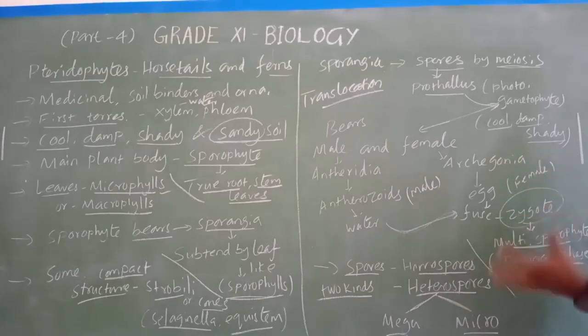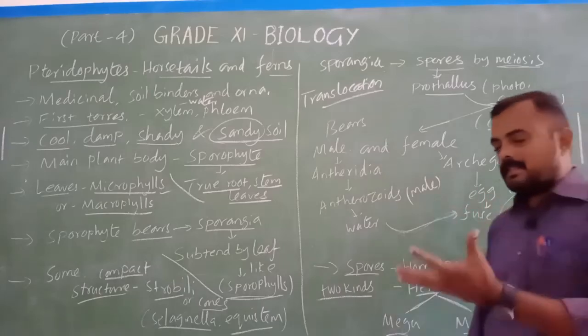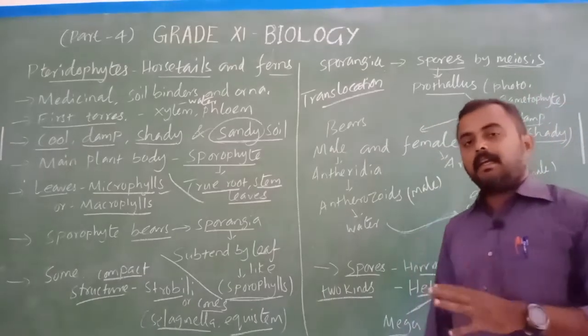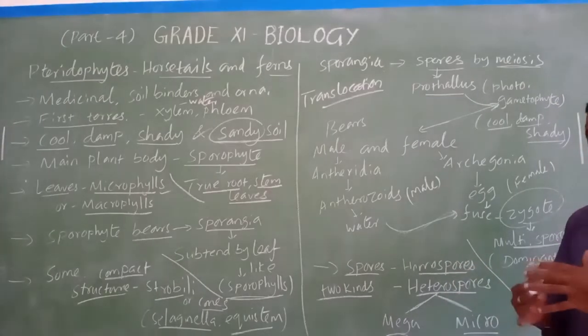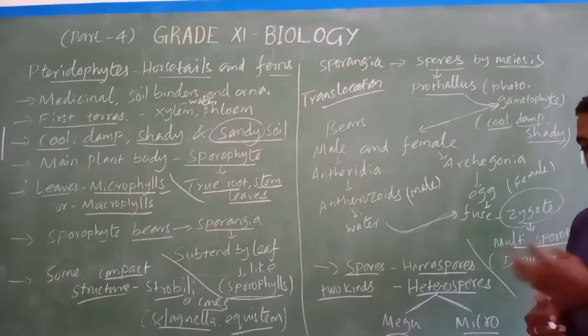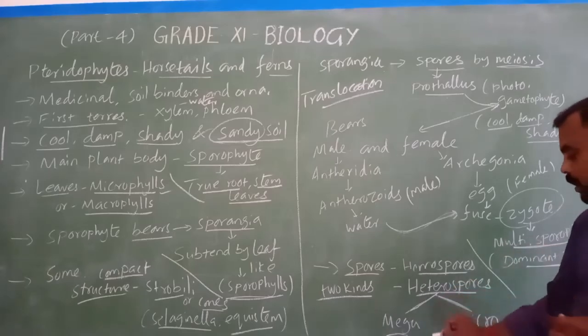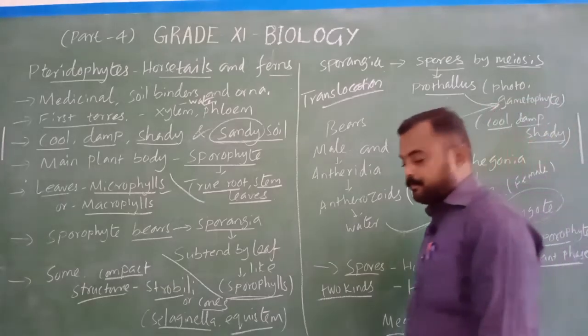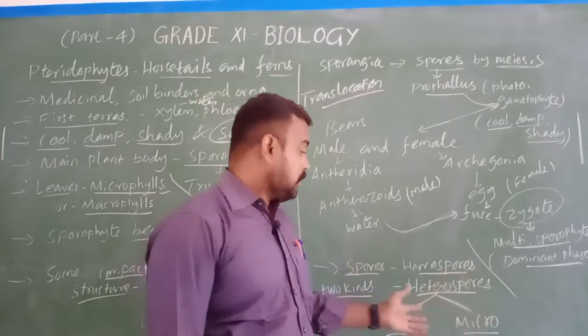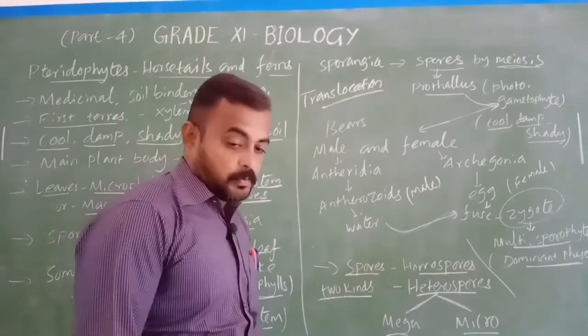Sometimes it is similar, sometimes dissimilar. Similar is homospores. Dissimilar, one big and one small, is heterospores. The small one is microspore, the big one is megaspore.